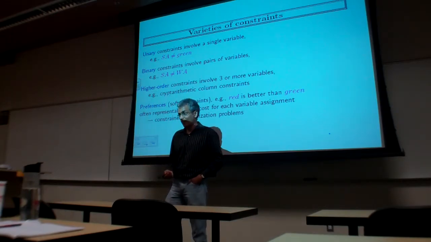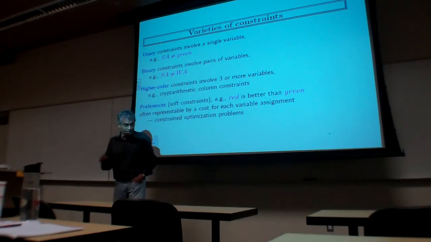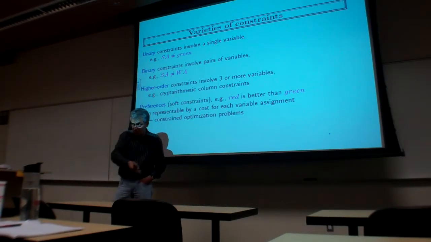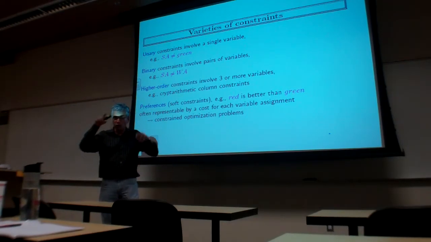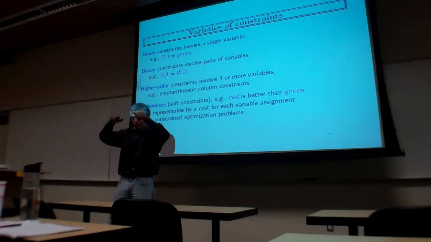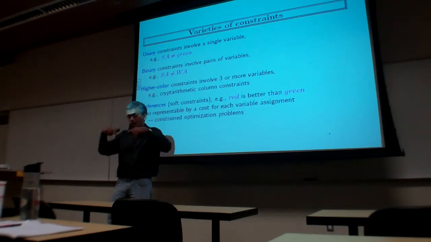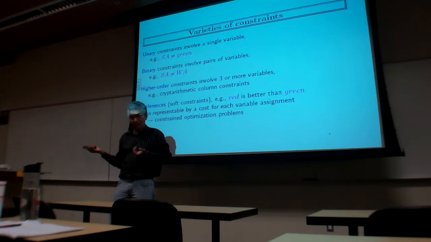In particular, for example, by the way, one other problem that can also be written as a CSP problem is Sudoku. Right? And in Sudoku, in each square, you need to get these numbers 1 to 9 such that everybody has a different number. Right? That's an all different constraint.